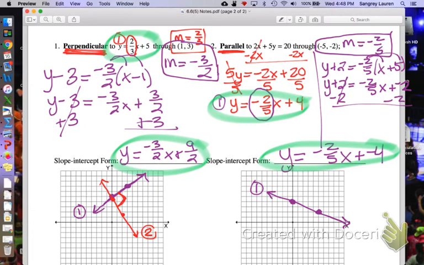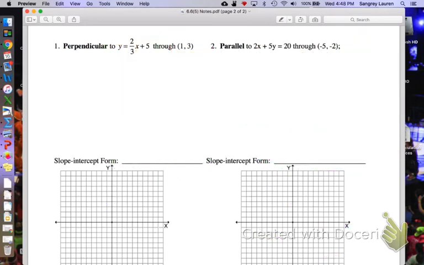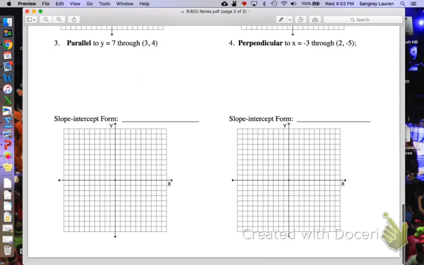So that line starts at negative 4. So we go down 1, 2, 3, 4. Slope is negative 2 over 5. So we're going down 2 to the right. 1, 2, 3, 4, 5. There's line number 2. And then we always ask, do they appear parallel? We say yes. So we are in good shape.